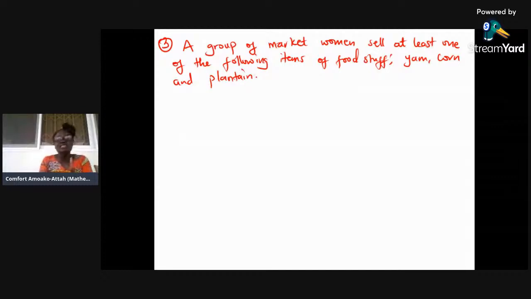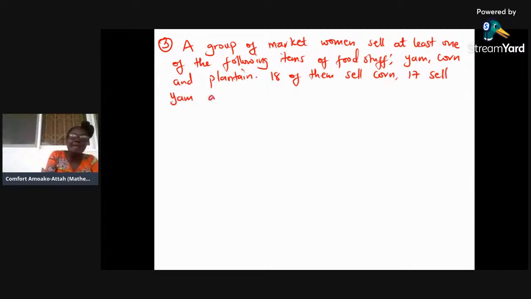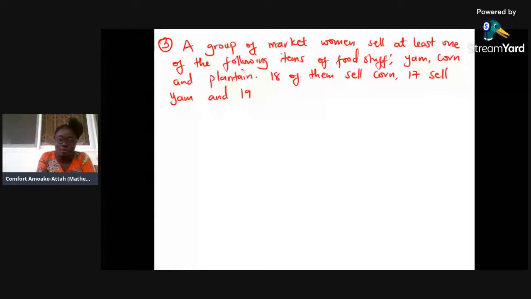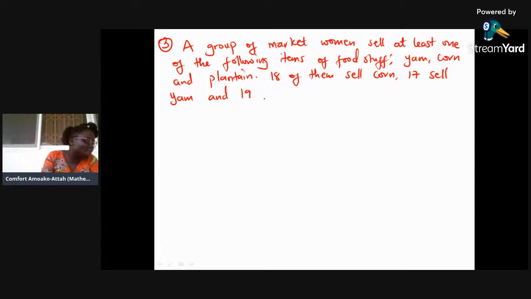So we have these three food items, okay? The question is 18 of them sell corn, 17 sell yam, and 19 sell plantain.